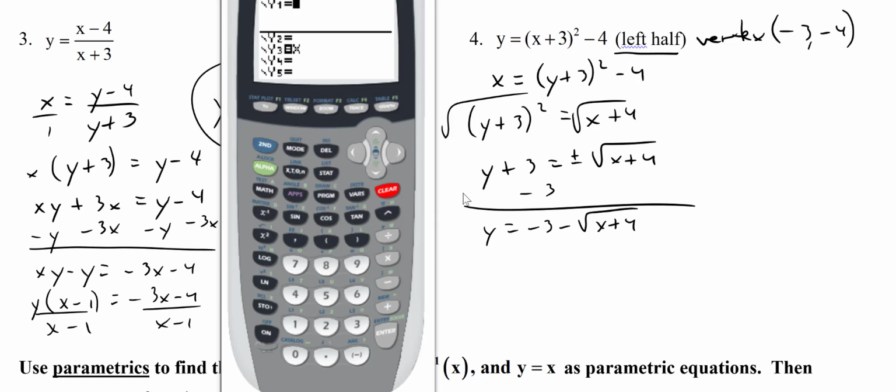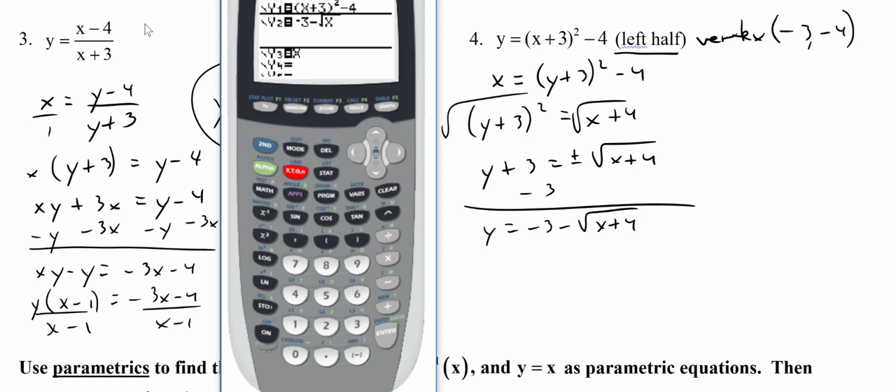Okay, so I got this cleared already, and we're going to do y is equal to x plus 3 squared minus 4, and then negative 3 minus the square root of x plus 4. Okay, we already have y equals x in there, so I can graph this one. Actually, I'm just going to do zoom 6.